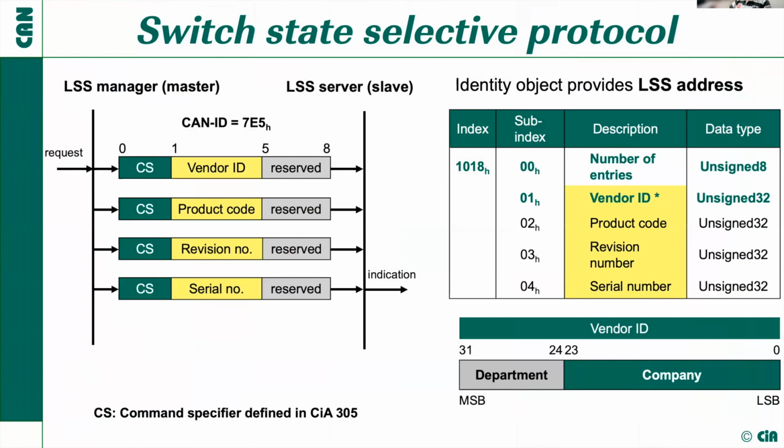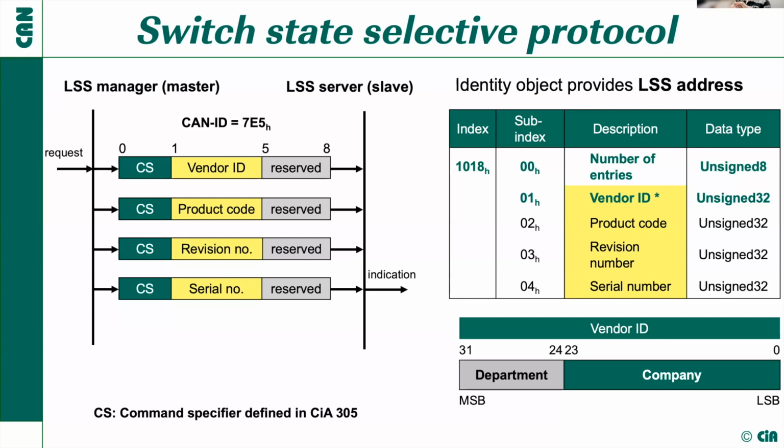It's the so-called switch state selective protocol. So the fathers of the 305 specification of the LSS services said, there exists something nice, this vendor ID assigned by CAN in Automation, and therefore CAN in Automation allows distinguishing globally between all the CANopen device manufacturers by means of this unique value, the vendor ID. And all the manufacturers, based on the vendor ID, have now the possibility to distinguish between their devices via the product code.